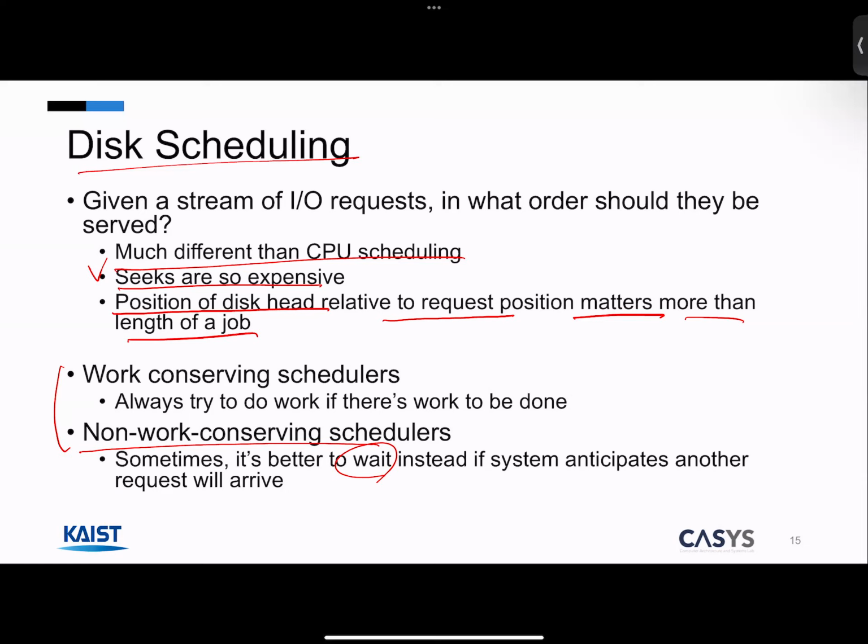But even then, this request can be combined with a future request, so that I can reduce the number of seeks and rotation waits. This is called an anticipatory disk scheduler, but let's not bother about the name. The system waits and anticipates another request will arrive and combines them. If a scheduler is implemented this way, we can say it is a non-work conserving scheduler.